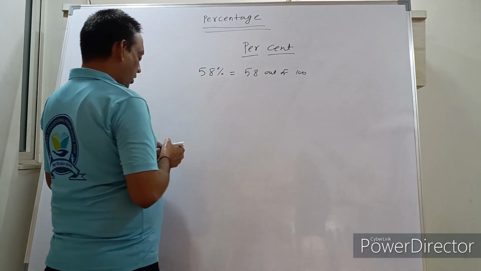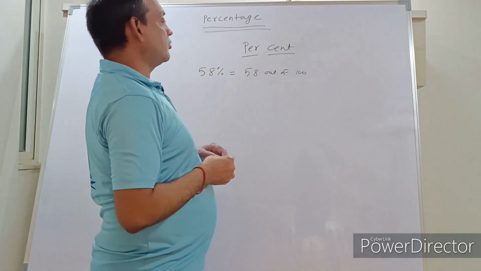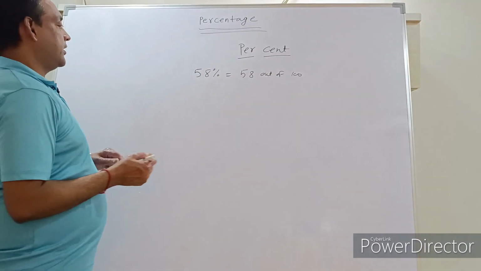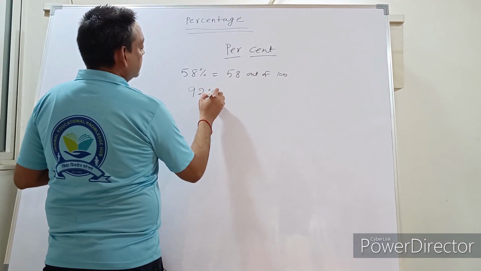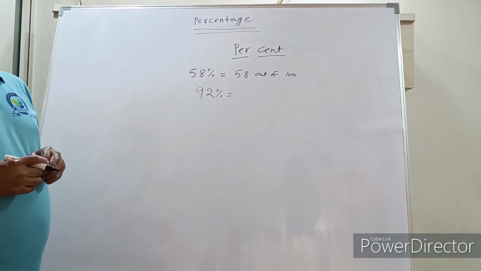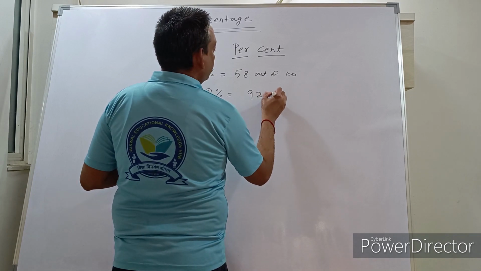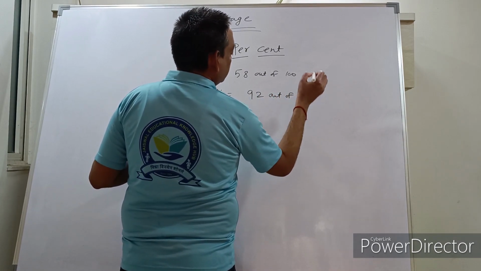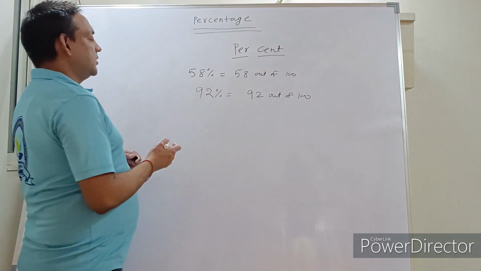Okay, so whatever you will get on 100 or out of 100, that will be the percentage. Like 92%. Suppose somebody says Mr. X got 92% marks, that means he got 92 out of 100 marks. Okay, 92 out of 100.